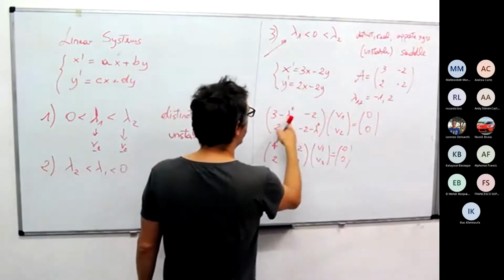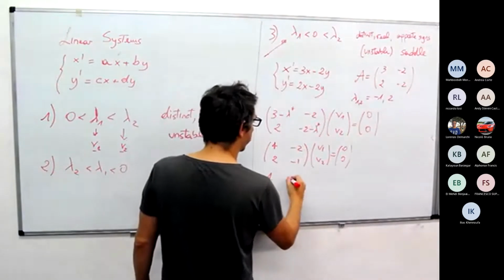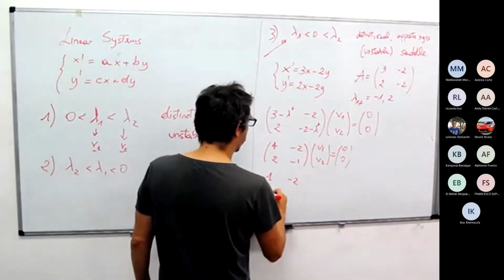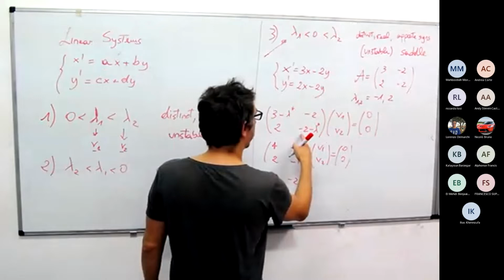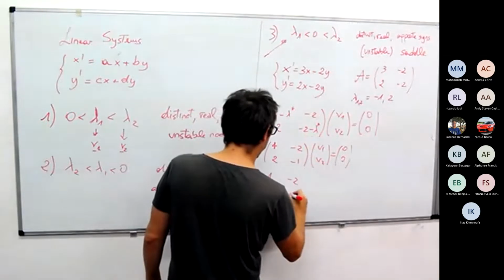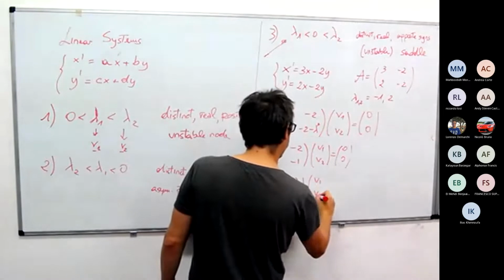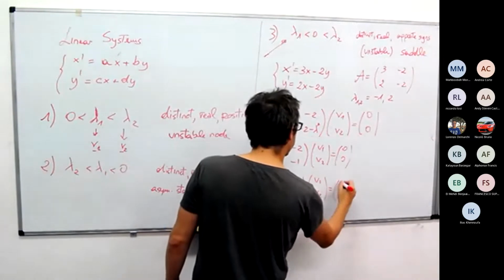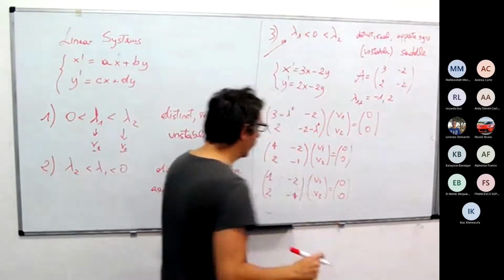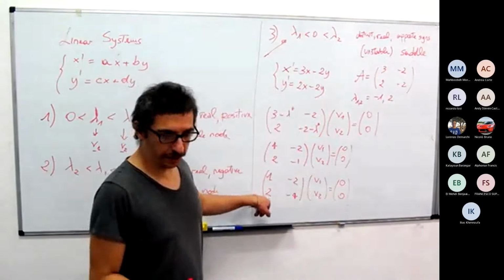The other one is 3 minus 2 is 1, minus 2, 2, minus 2 is minus 4, times v1, v2 equals 0, 0. This will give you the second eigenvector.